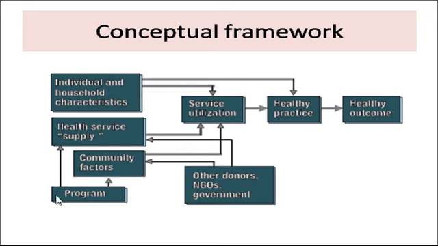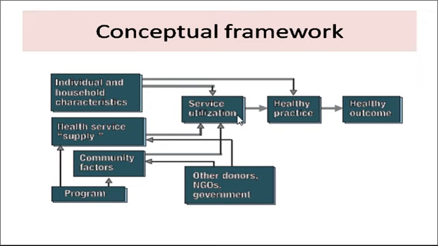Now, the program does not work in isolation. So there are individual and household characteristics. That means there might be a pre-existing disease, which might be an individual characteristic. There are financial conditions of a particular family. So there are multiple individual and household characteristics which might also influence the service utilization.